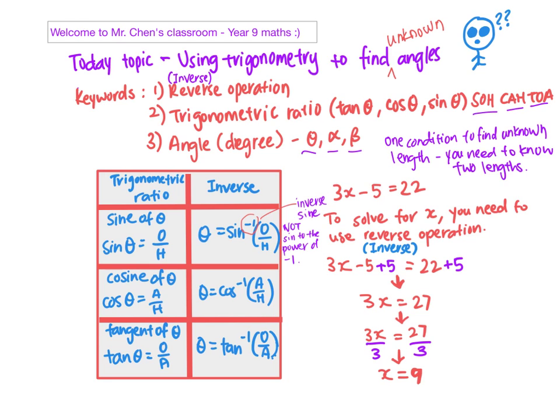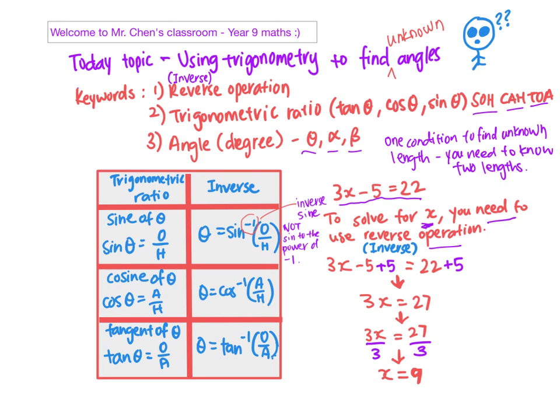What inverse operation means is you do the reverse of what you need to do in order to find the solution for the unknown. So here we have 3x minus 5 equal to 22. To solve for x, we need to use reverse operation, which I have taught multiple times during our lessons from last term.